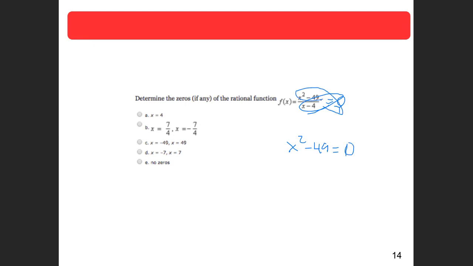I'm just cross multiplying, so it equals 0. Then I bring the 49 over, so x squared equals 49. So x equals plus or minus 7, because when you take the square root, you have to use positive or negative. So positive or negative 7. And realistically, you could just graph it and find out where it crosses the x-axis. That would also work. It's another way of doing it.